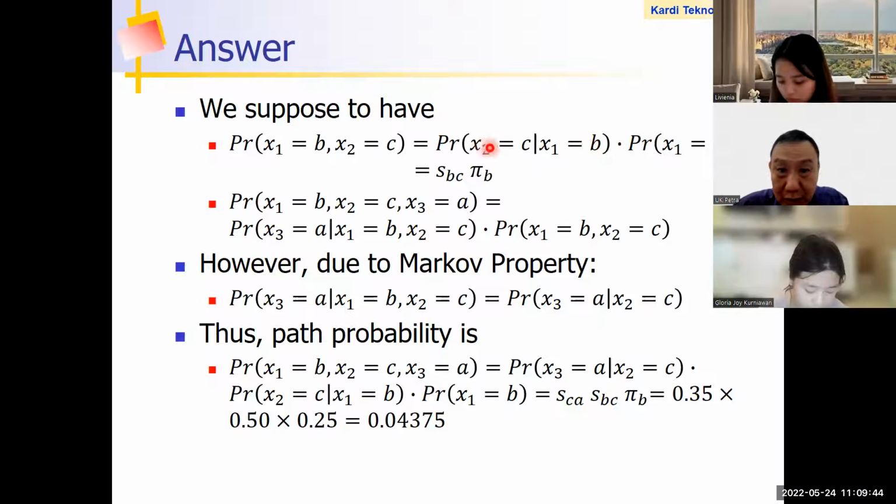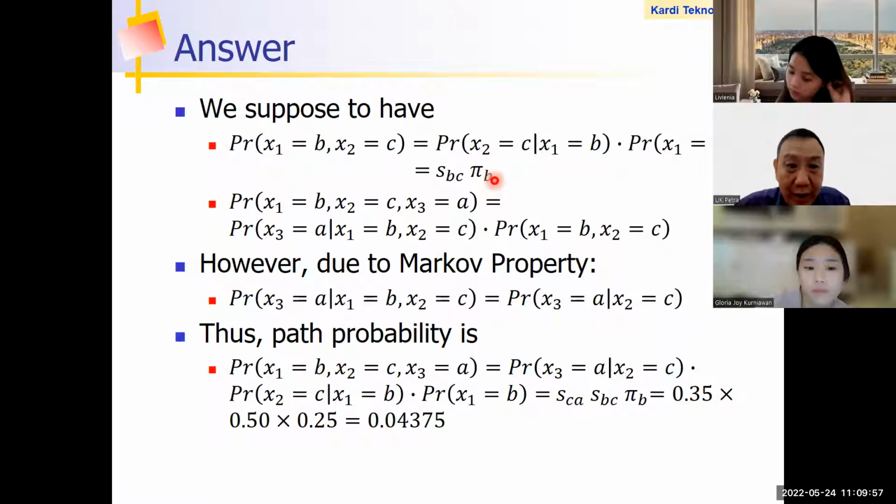So what is this? This is actually S_BC, right? And then x1 is B is pi_B, yeah? pi_B.